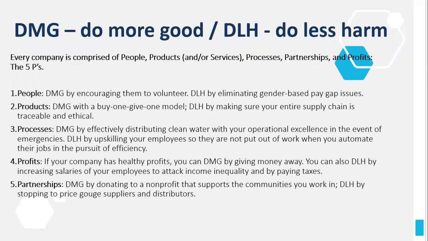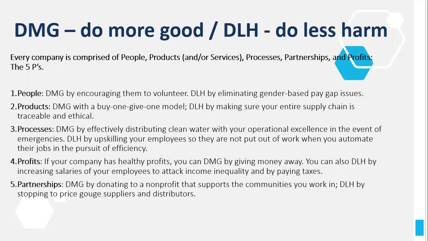So here, this is what they said. People, you can volunteer to enhance value and then eliminate gender-based pay gap issues to reduce harm. And then products, buy one, give one model to benefit, and then determine that the supply chain is traceable and ethical to reduce harm.